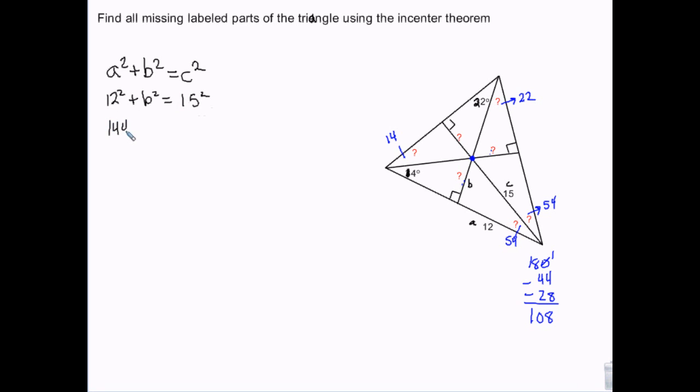So 144 plus B squared is equal to 225. So B squared is going to be 225 minus 144, which is 81. So B is 9. So this is 9, which makes this 9 and that 9, because those lengths will be the same.